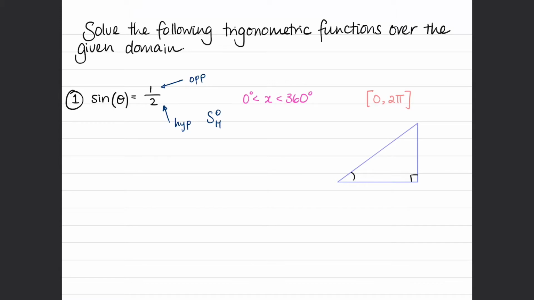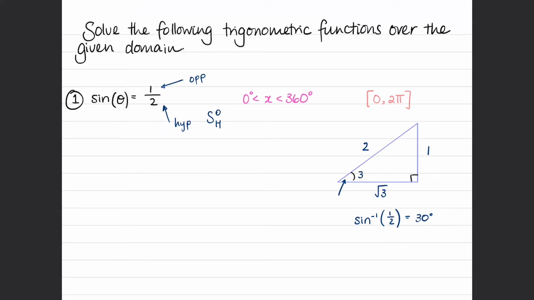So if I fill in what I know, my opposite length here is going to be 1, my reference angle is just there. That means my hypotenuse is 2 and my adjacent length is going to be the square root of 3. Now, using trigonometry, we know that the inverse of sine of a half is going to give us 30 degrees.